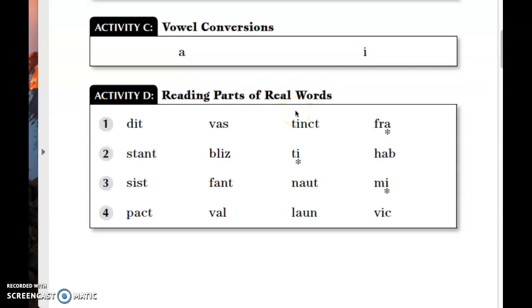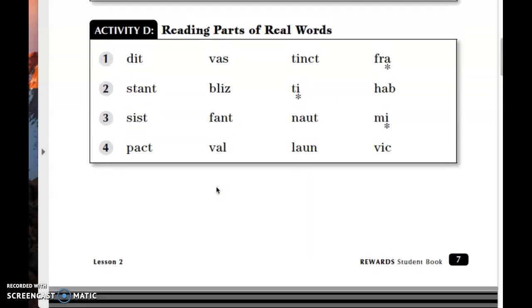Now let's go to activity D. You're going to read parts of real words. Most of these word parts are not real words by themselves. Find line 1. Read the first word, d, it. What word? Dit.